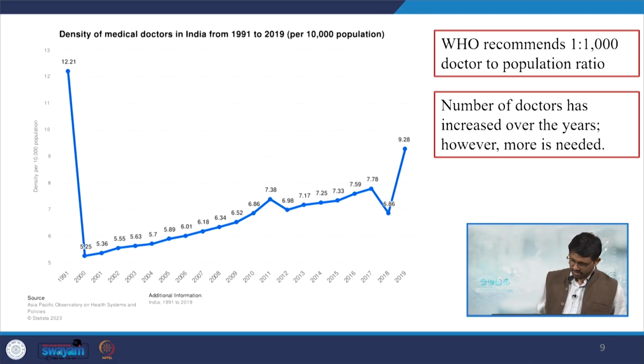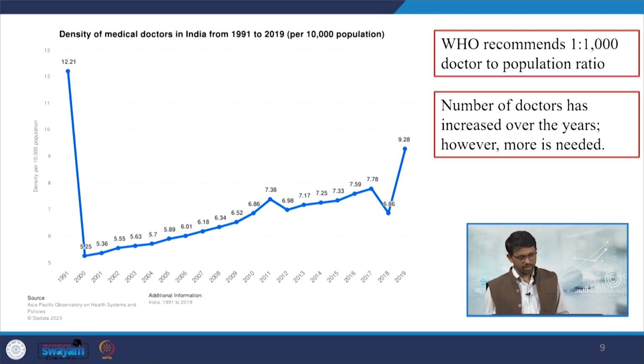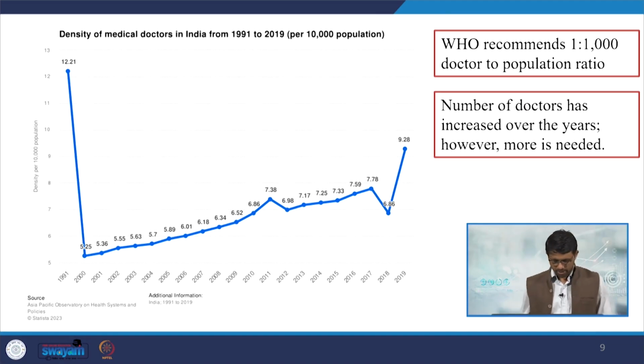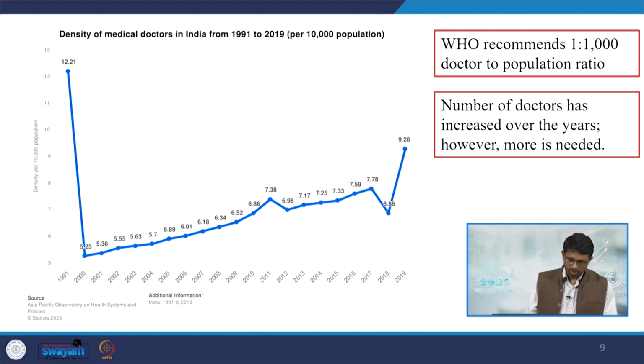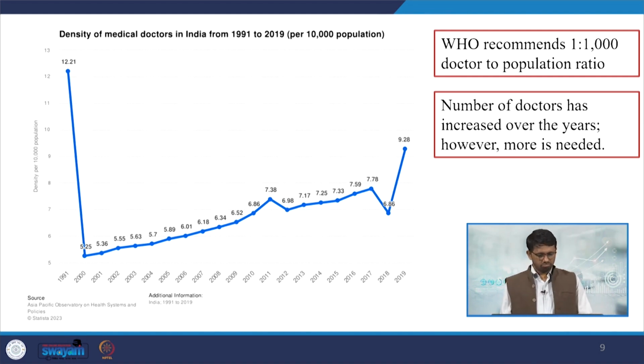You can see recently there has been a surge due to many important actions taken both in doctors as well as in paramedical forces. Those have added a large number to the supply side. This diagram requires further thinking.